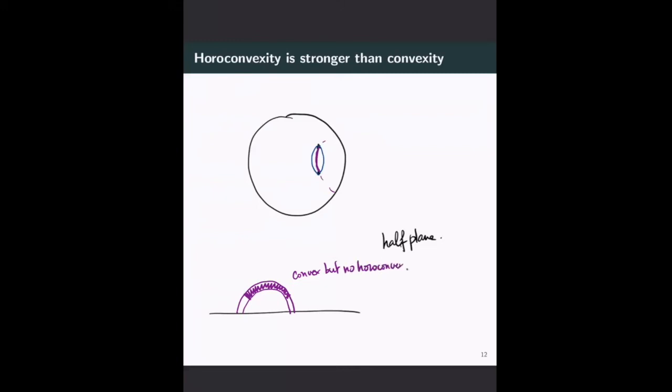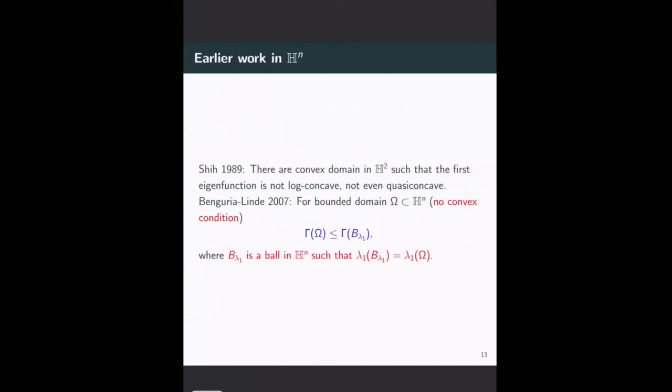Okay. So what are horocycles in here? Horocycles are circles touching here or horizontal lines. This is a horocycle too. So for example, if I'm trying to connect these 2 points, this horocycle is not in the domain. So that's convex, but not horoconvex. Purple is convex, but not horoconvex.